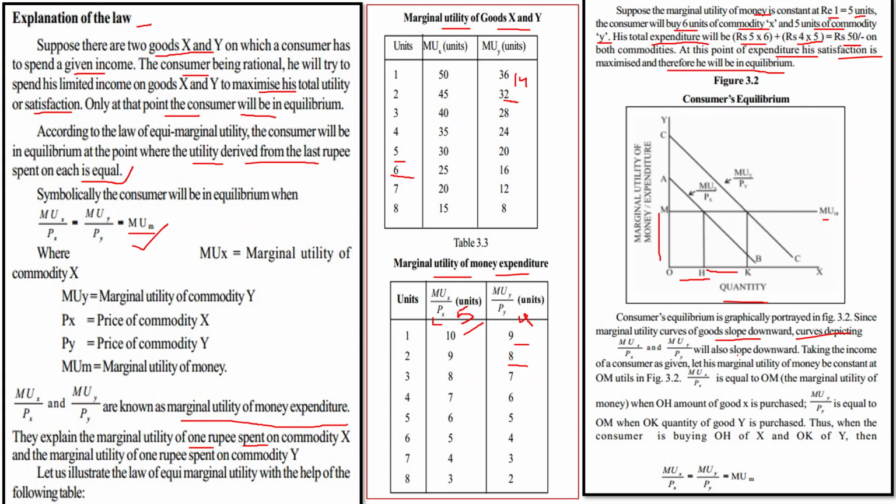Thus the consumer is buying OH of good X and OK of good Y. Then we can say that the marginal utility of good X divided by price of X is equal to the marginal utility of good Y divided by price of Y. It is equal to the marginal utility of money. This is the consumer satisfaction point.